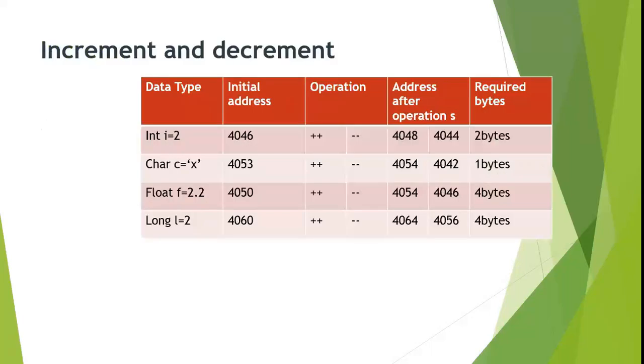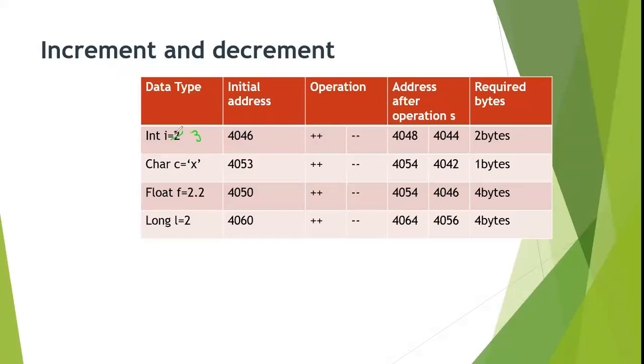Now this is the increment and decrement operation, which we can do using pointers. Initially I'm having data type int I equal to 2. Initial address of I is 4046. If I write plus plus, that means incrementing the value of I, so it becomes 3.